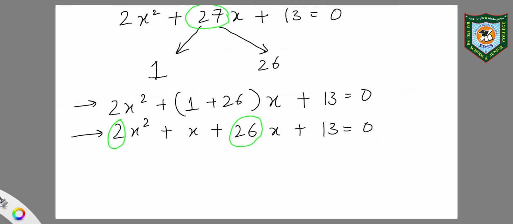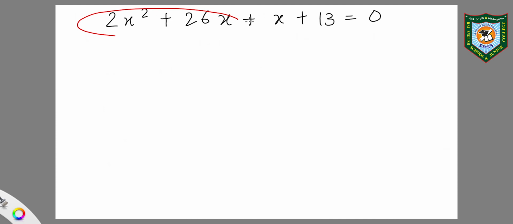So what I'll do is I'll take 2x square and 26x together. So here we get 2x square plus 26x, and we take x to the next term, plus 13 is equal to 0. Now we have to replicate this particular equation on our next page.